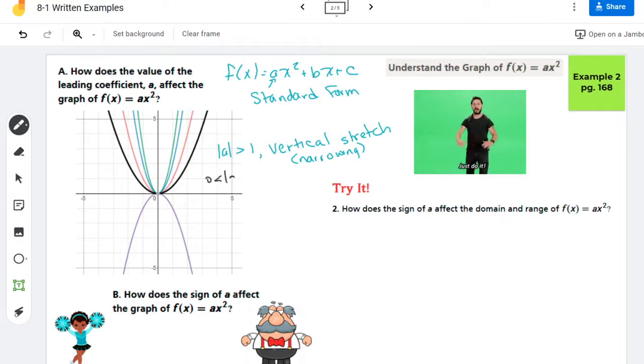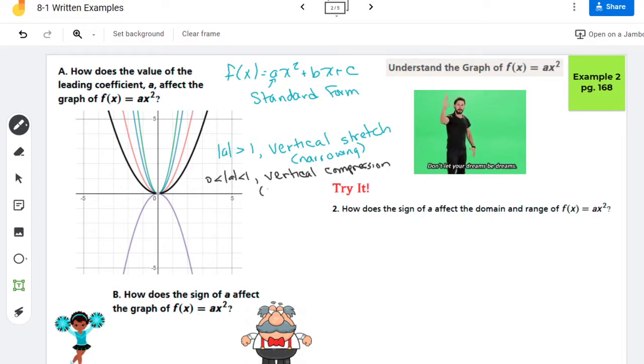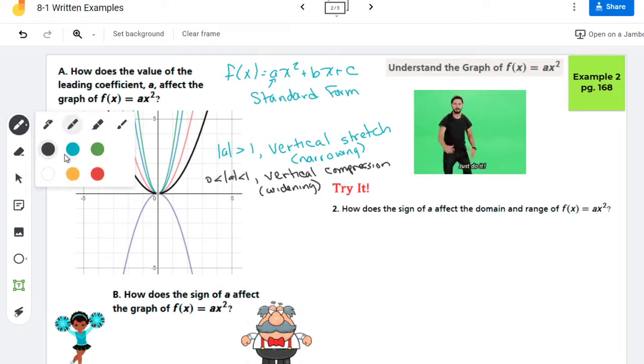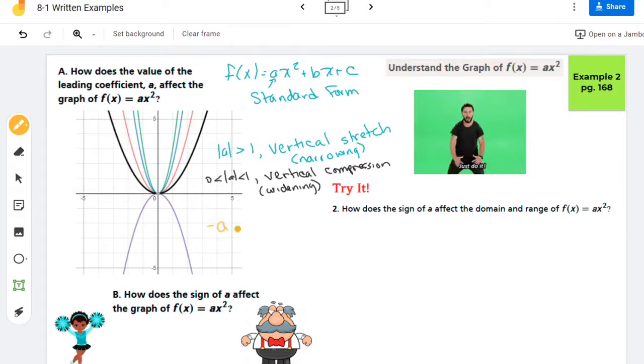So between 0 and 1, that's where you get a vertical compression. Or Savvas likes to call it a widening. And then down here, when you have a negative number for A, you're going to get a vertical reflection. And then for reference later on, for those of you guys who use these notes, the red one is your parent function.